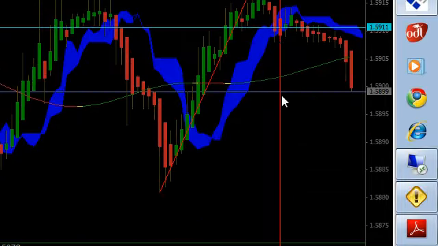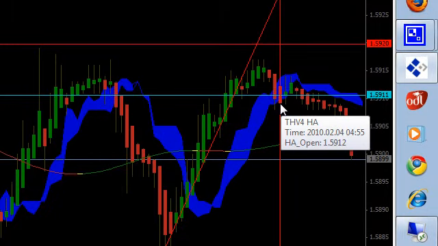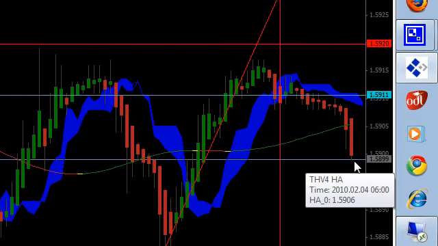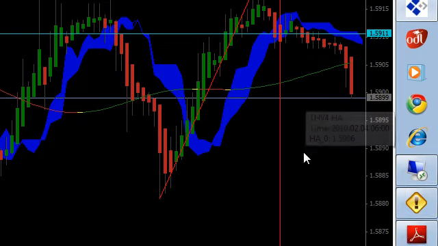So that would have been possibly a good point to get in, a close below the cloud. M5 rules, switch over into M1 and wait for the best opportunity and take that and scalp that little bit there. Make yourself an easy 10 pips.